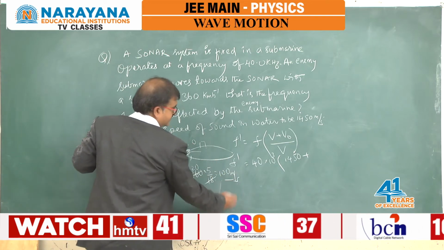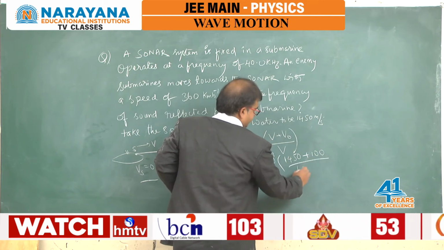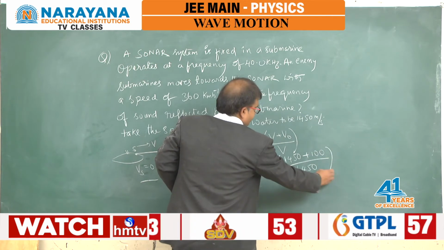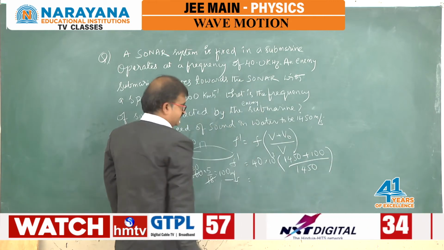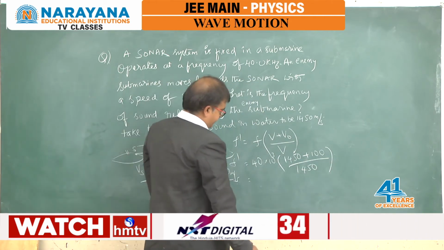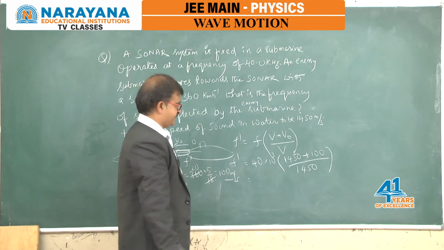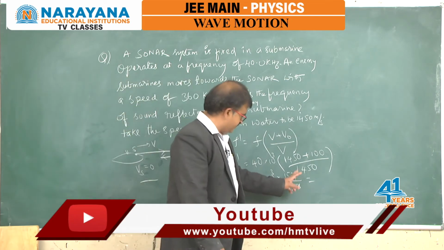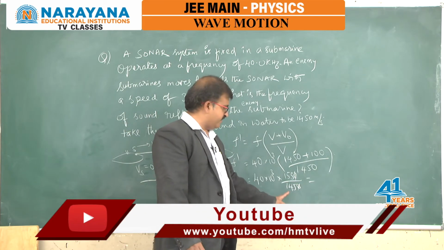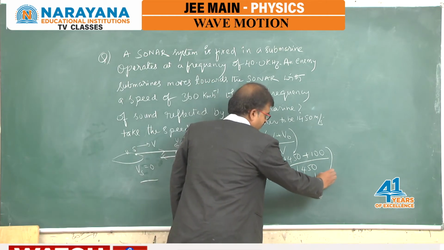So the value will be 1450 plus 100 by 1450. So this is equal to 40 into 1550 by 1450. Now the zero cancels, 155 by 145. If we verify it, this value is nearly 42.75 kHz.